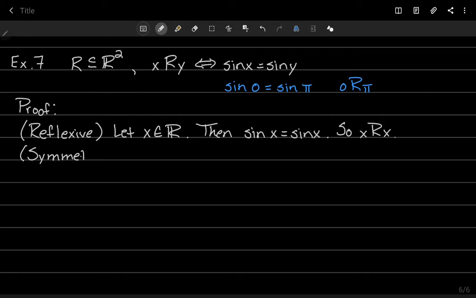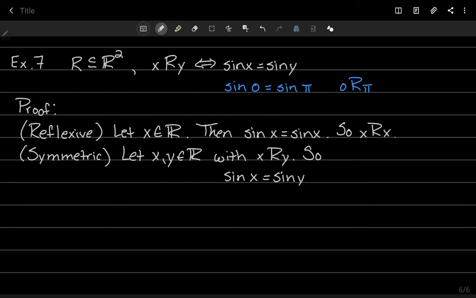Symmetric. Let x and y be real numbers with x related to y. All right, again, we're doing an outline here. So that means sine of x equals sine of y.